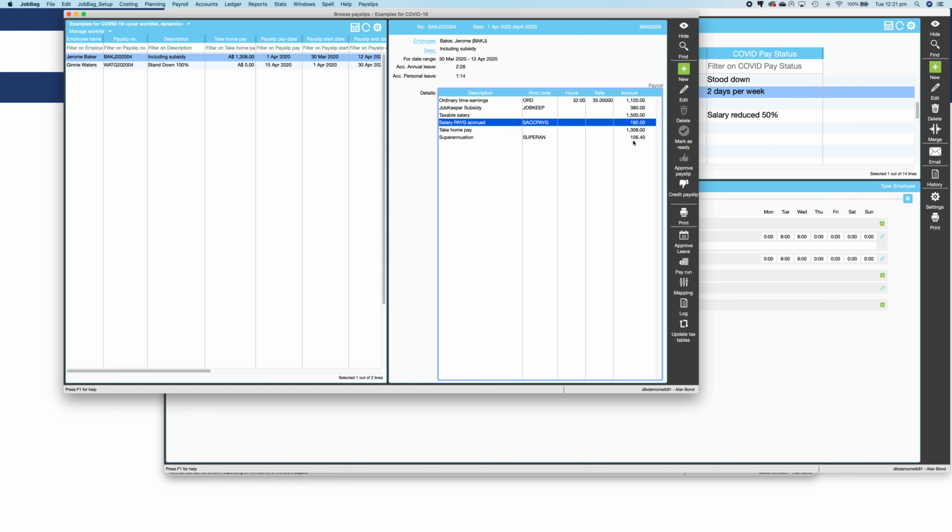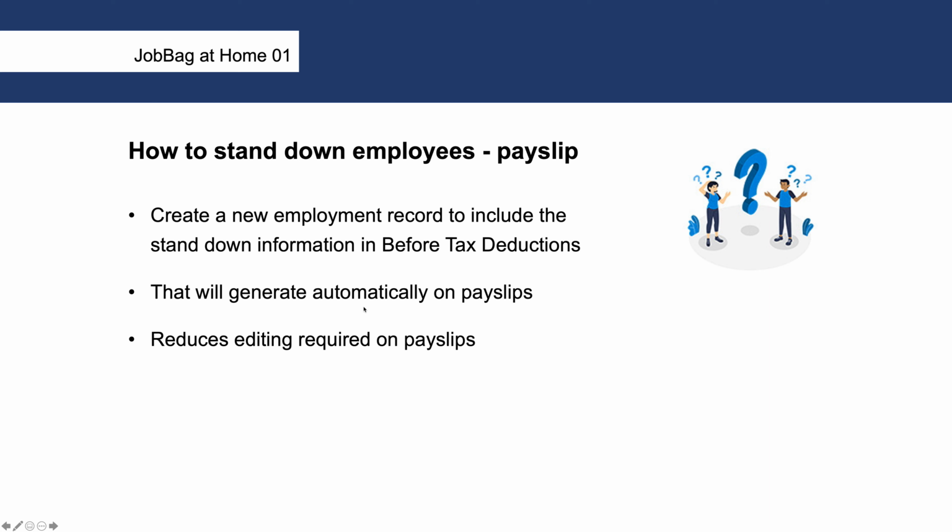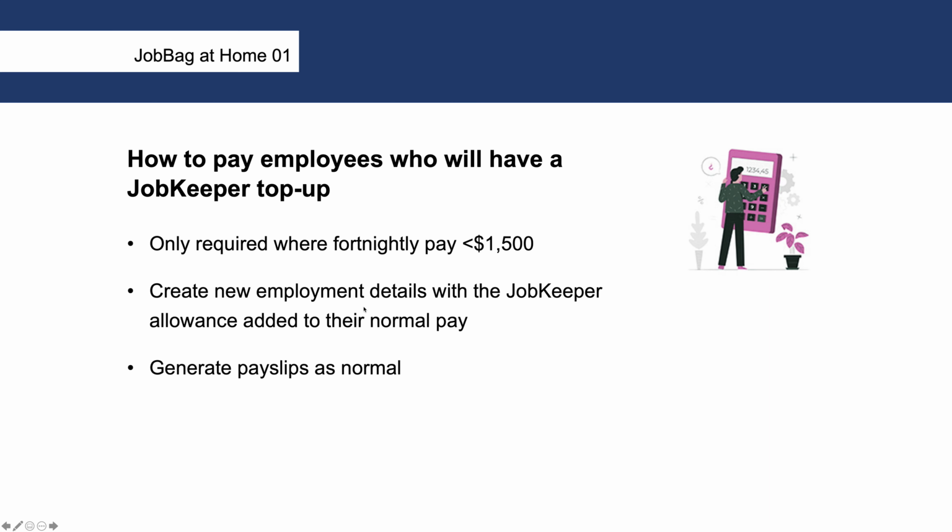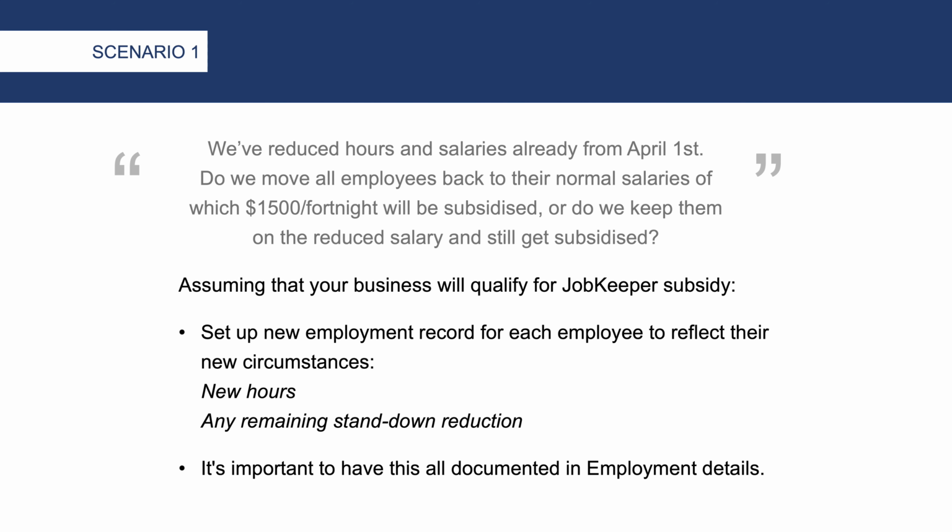PAYG is normal, and employer super is calculated just on his ordinary time earnings, not including the JobKeeper Subsidy. If you want to pay employer super on the JobKeeper Subsidy amount, you are welcome to, but it is not a requirement to do so. So that's how you do the top up.